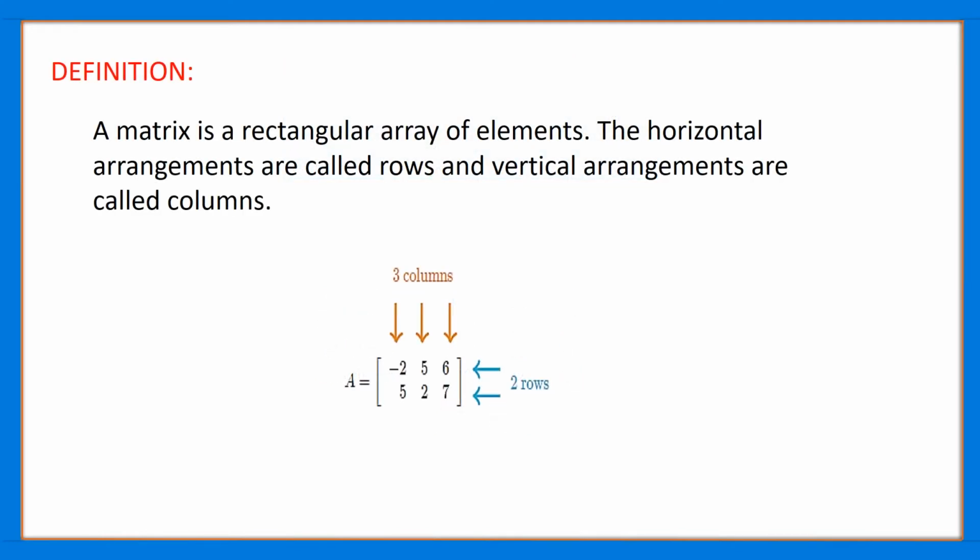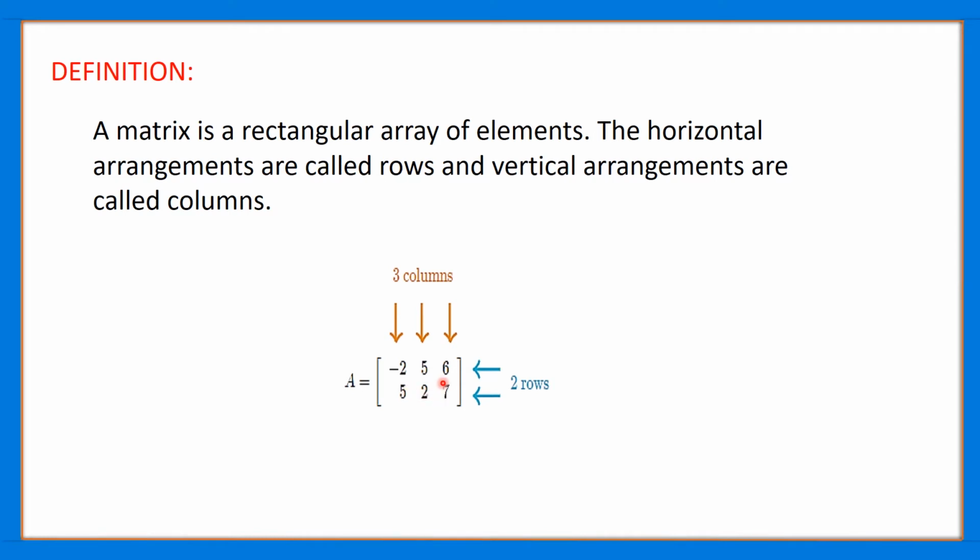The definition of a matrix says that a matrix is a rectangular array of elements. The horizontal arrangements are called rows and vertical arrangements are called columns. Let us take another example of a matrix, A equals [-2, 5, 6; 5, 2, 7].